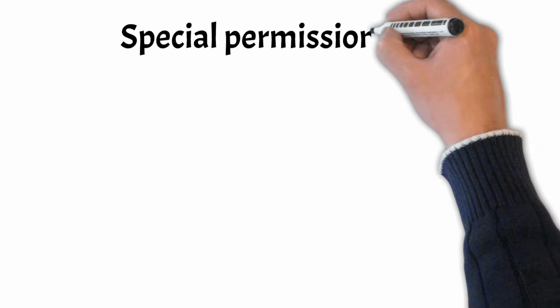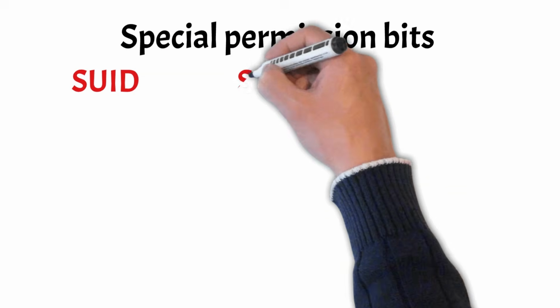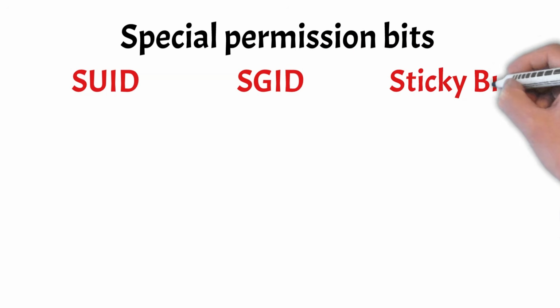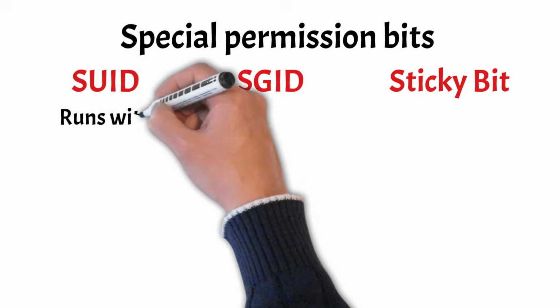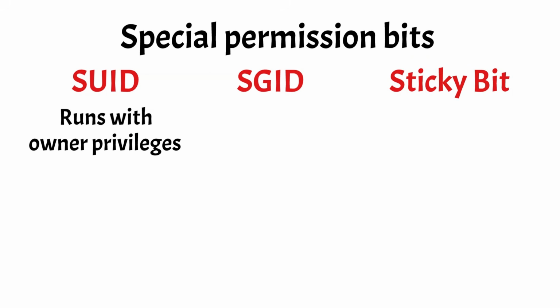In addition to the standard read, write, and execute permissions, Linux also supports 3 special permission bits that modify how files and directories behave. These are known as SUID, SGID, and the sticky bit. The SUID bit, or set user ID, allows a program to run with the permissions of the file's owner rather than the user who executes it.